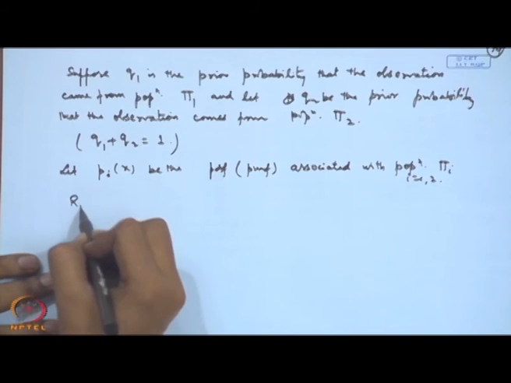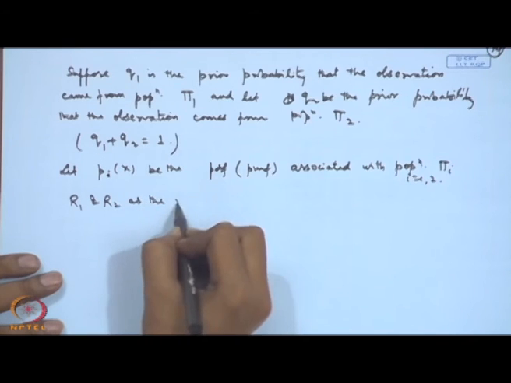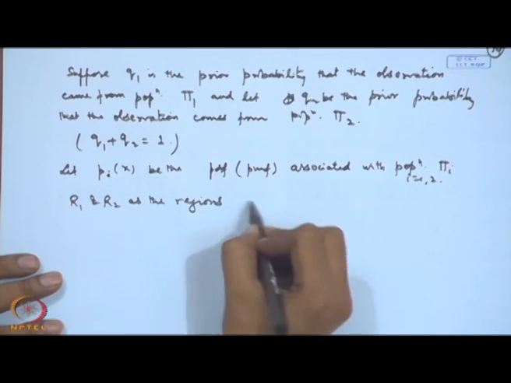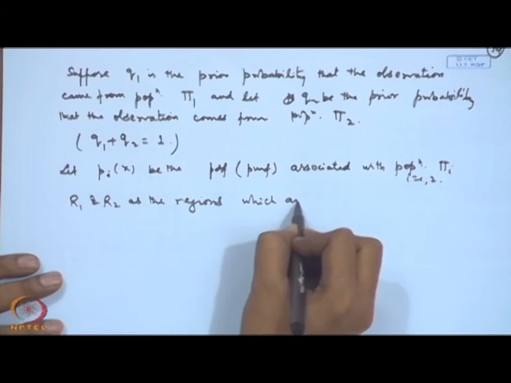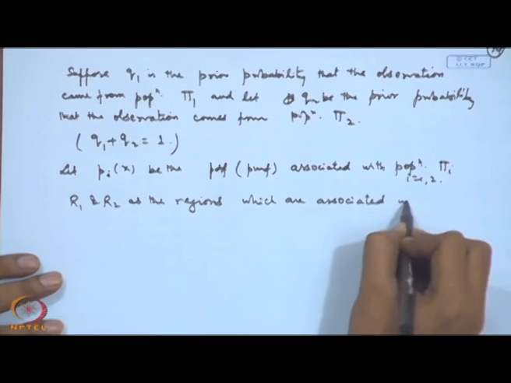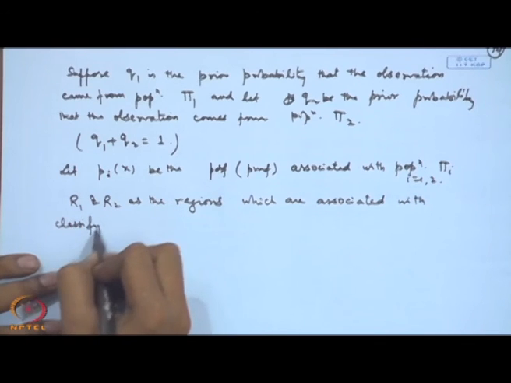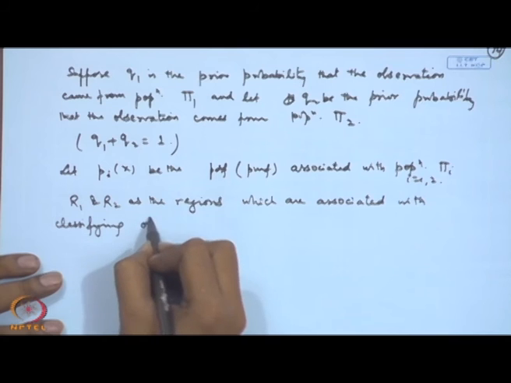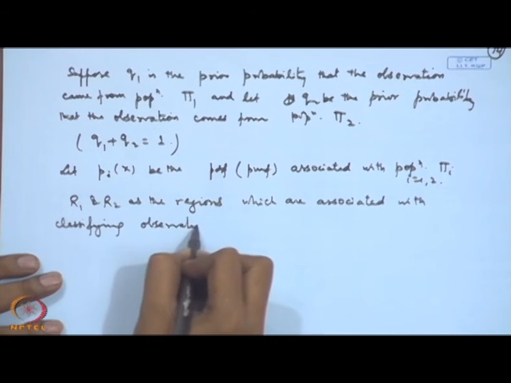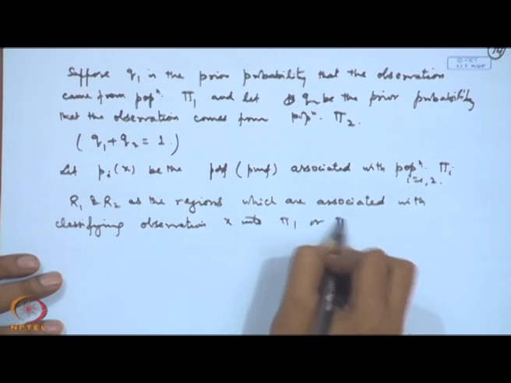And we are considering R 1 and R 2 as the regions which are associated with classifying observation x into pi 1 or pi 2.